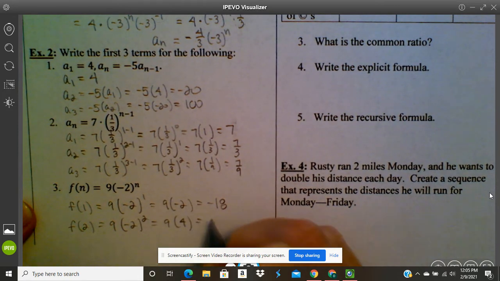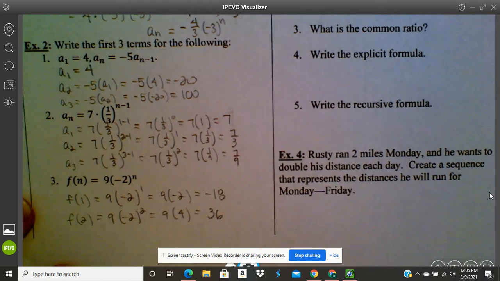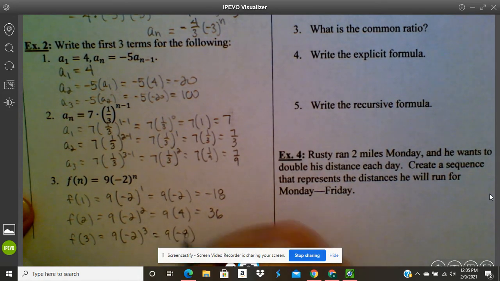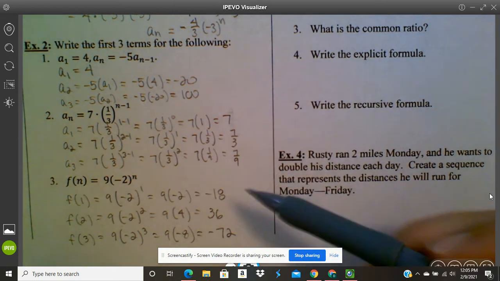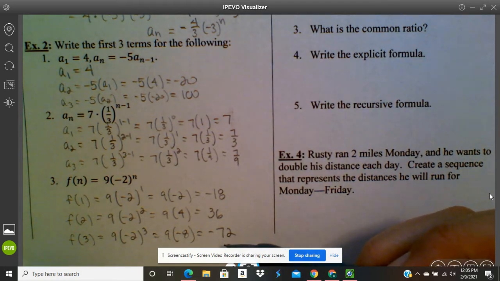That's 9 times 4, which is 36. And then f of 3 is 9 times negative 2 cubed, which is 9 times negative 8, which is negative 72. So my sequence is -18, 36, -72.